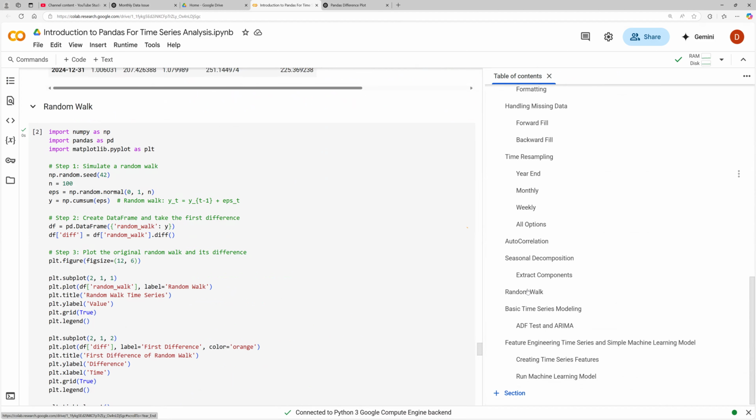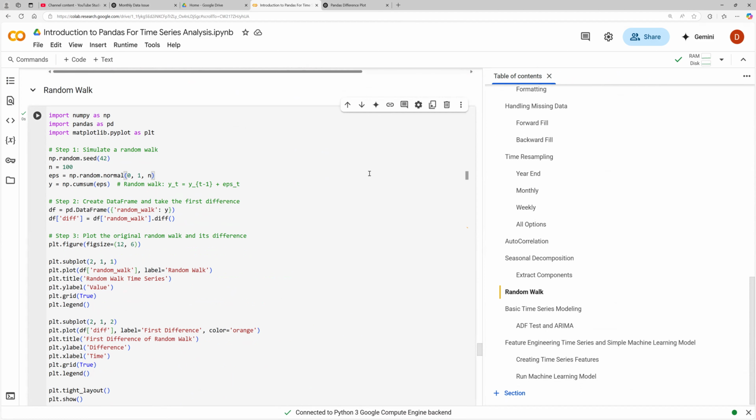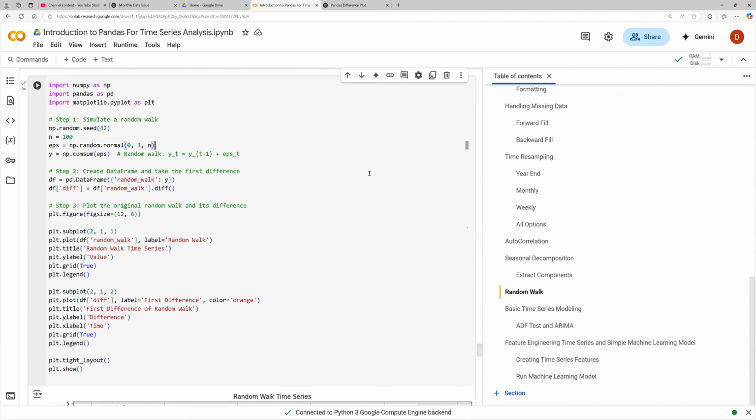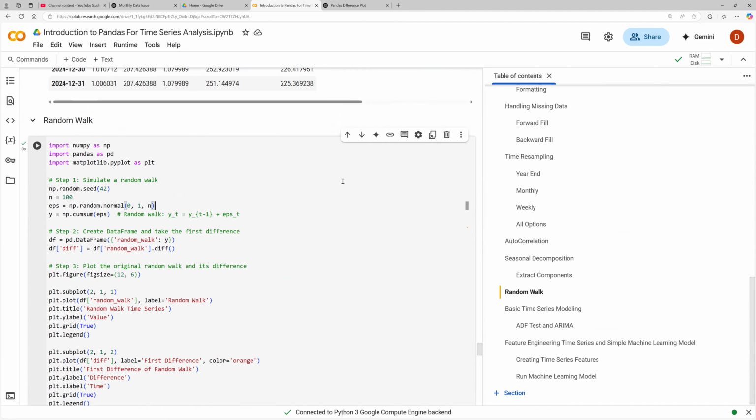Now we're at something called the random walk. I would consider this a baseline model for anything that could occur, because in time series you could make assumptions, like, okay, I think there's going to be some medium general growth or whatnot.